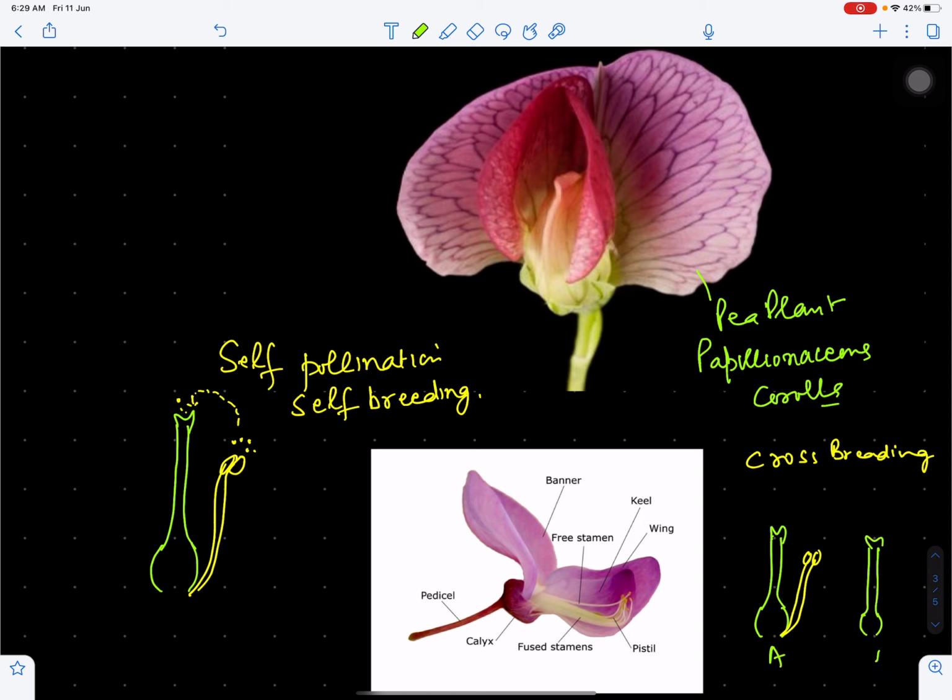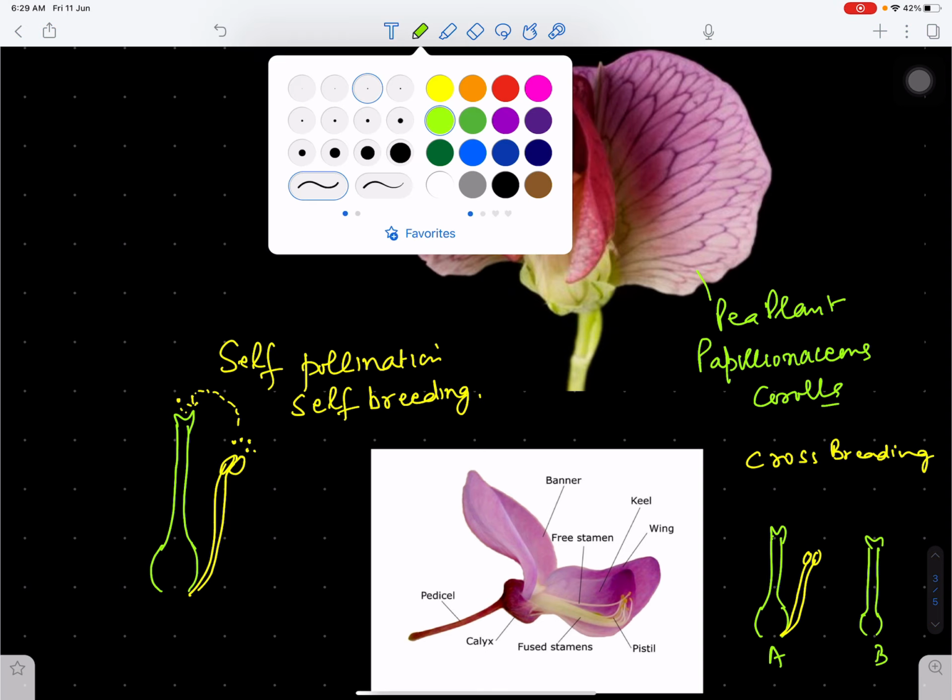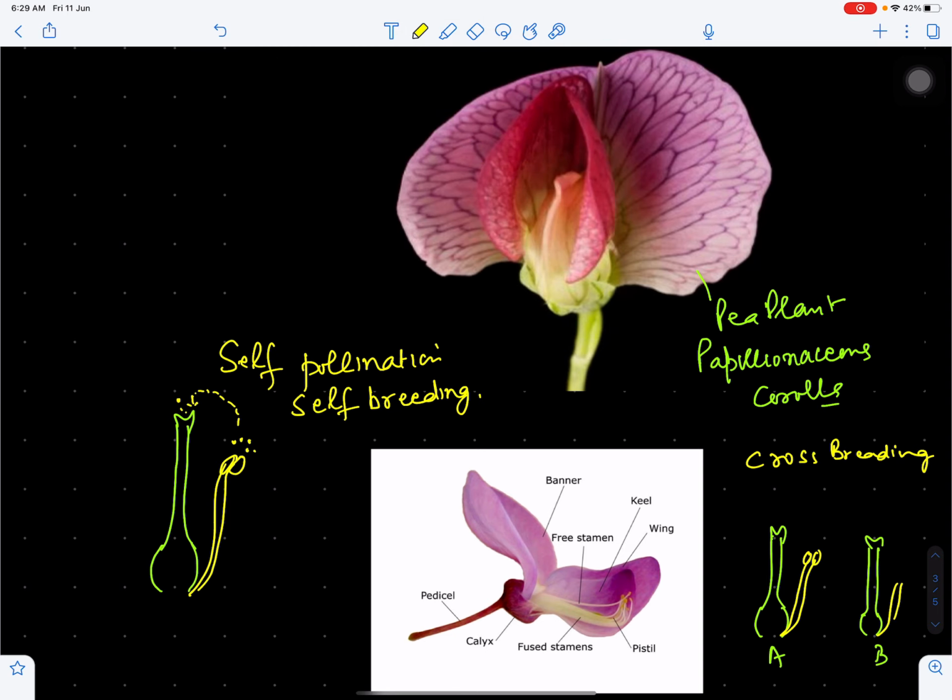This is the A flower, this is the B flower. These are stamens. Now if pollen grains of this A flower fall on the stigma of the B flower, this is called cross breeding, and in the case of a pea flower we do it artificially.